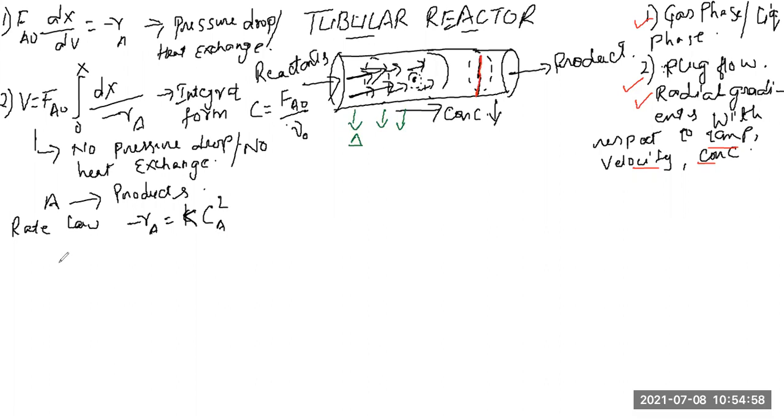Now we will consider two scenarios. We will first look at the liquid phase reaction and then a gas phase reaction. We are looking into the liquid phase reaction where the volumetric flow rate would be the same, nu equals nu zero.